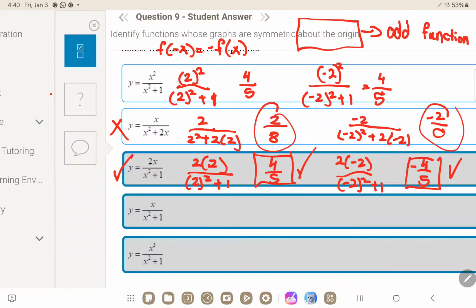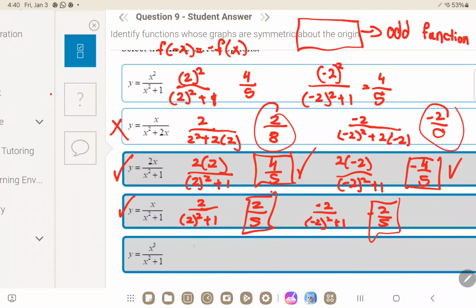So this is an odd function, so you choose it. So again, 2 over 2 squared plus 1, you get 2 over 5. Negative 2 over negative 2 squared plus 1, you get negative 2 over 5. So you got the same answer, opposite signs, so making it odd.